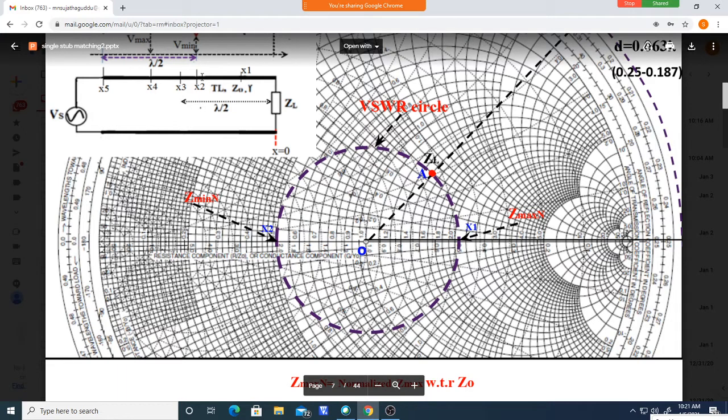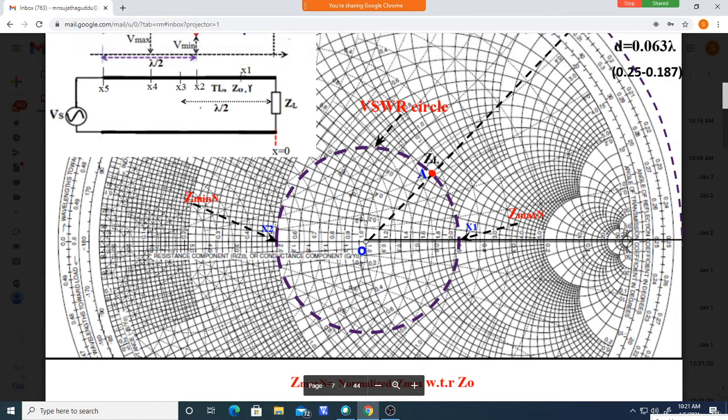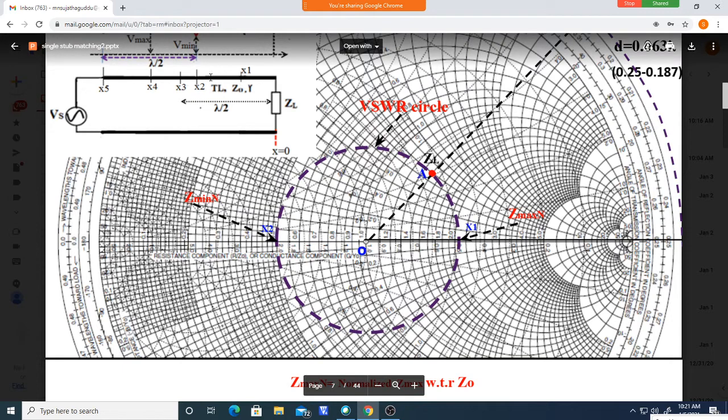Actually, if you know this, you can easily do single stub matching. If you find the real part of the admittance equal to 1, there you cancel out the admittance present using some external circuit, and it will become impedance matching. That is called single stub matching. So you can find at what distance from the load the real part of the impedance is 1 or the admittance real part is equal to 1.